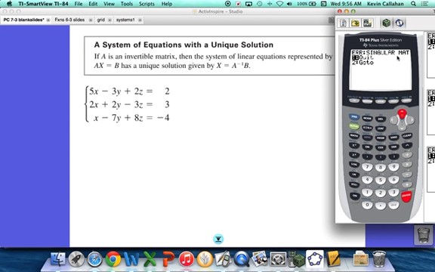When I add these numbers in here, if these represent planes, like flat surfaces that are intersecting, it could mean that there's no intersection point. Like 2 of these planes are parallel, so they never come together, and you're never going to find one point that's on all 3 planes. Or it could be that all 3 planes intersect in the same straight line, which means there's infinitely many solutions.